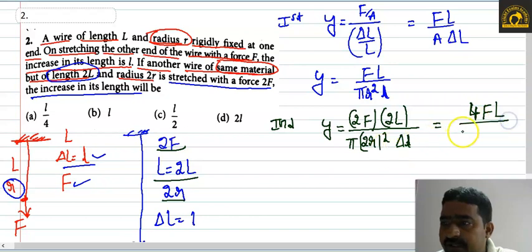Finally we get 4FL divided by 4 pi R square delta L. Now the 4 gets cancelled.